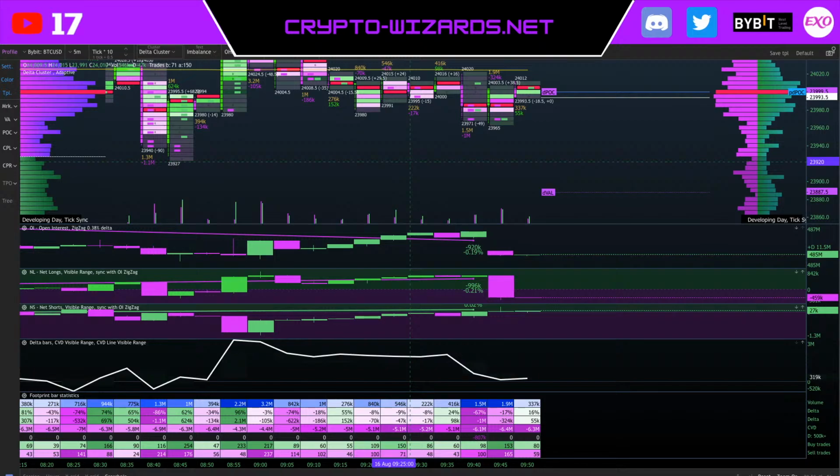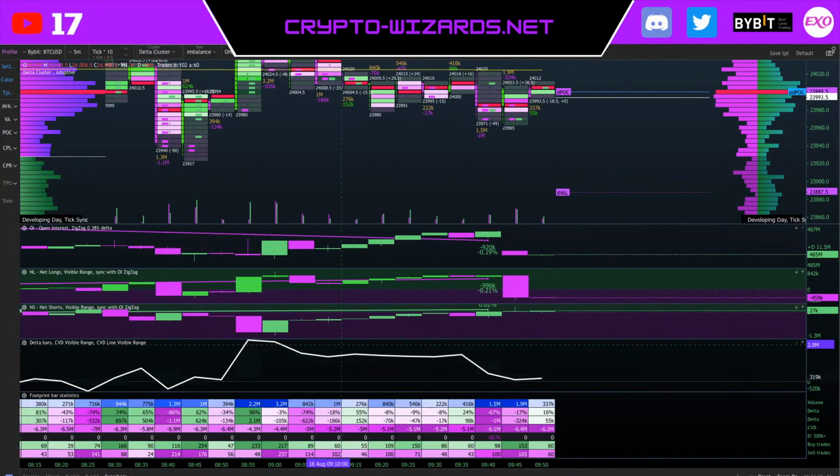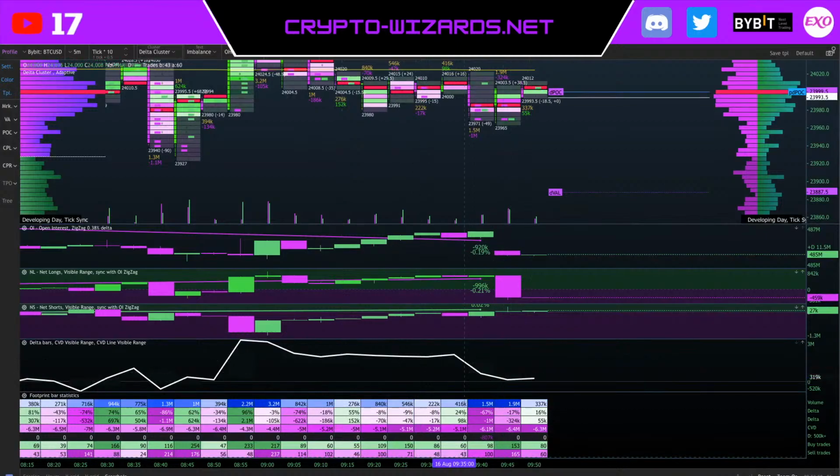You don't have to pay attention to the exact numbers. What I mean by this is pay attention to the color fading on the footprint bar statistics down there. Once you see that you are breaking the range to the downside and you see a lot of dark, vibrant color, this is telling you, okay, we have that momentum, we have the demand in selling.